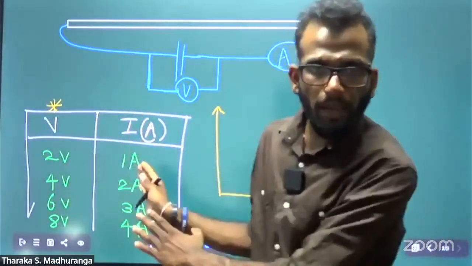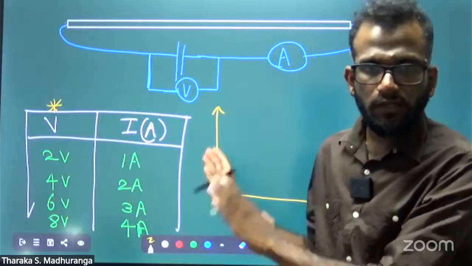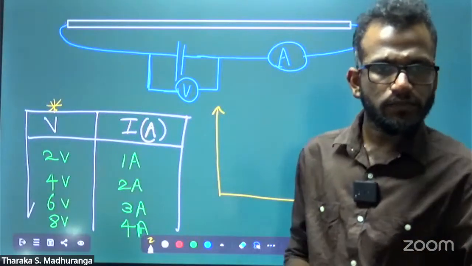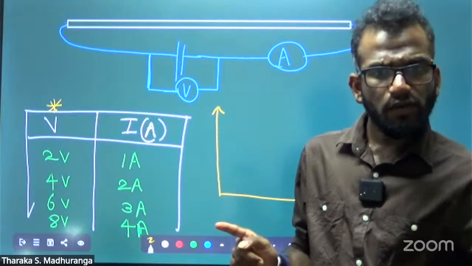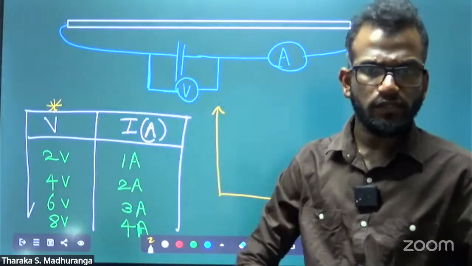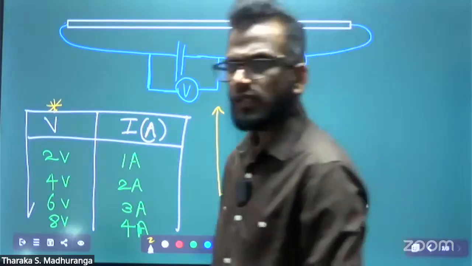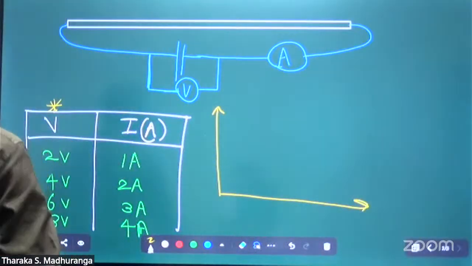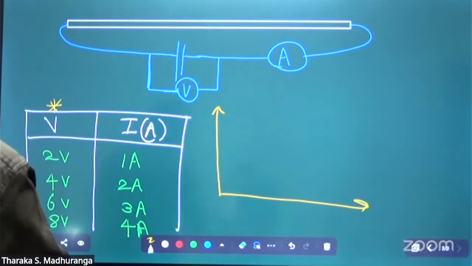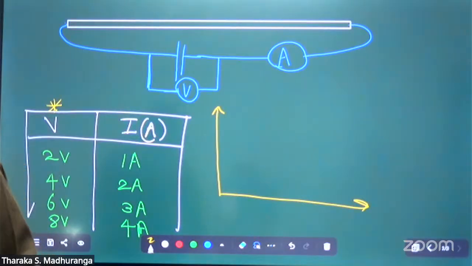We check the ampere, the current. Voltage is the changing factor. Then on which axis do we put voltage on this graph, X or Y? Good. Others? X-axis or Y-axis?